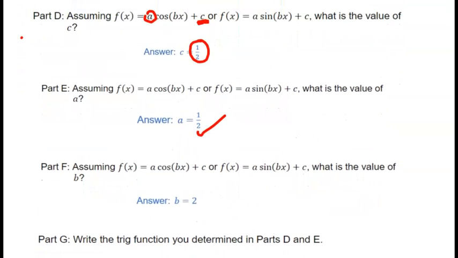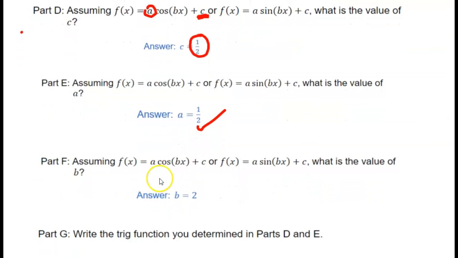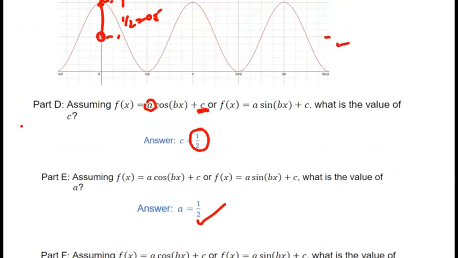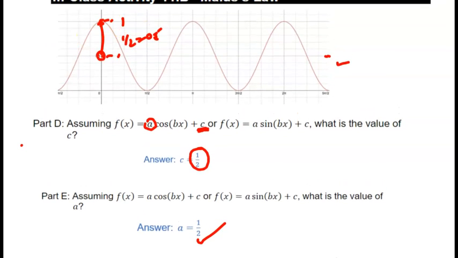Now, assuming f is equal to a cos bx plus c, what is b? We are saying that b is equal to 2. If you look at the graph, first we have to determine what the period is. It is repeating itself somewhere there, and so our period is pi.